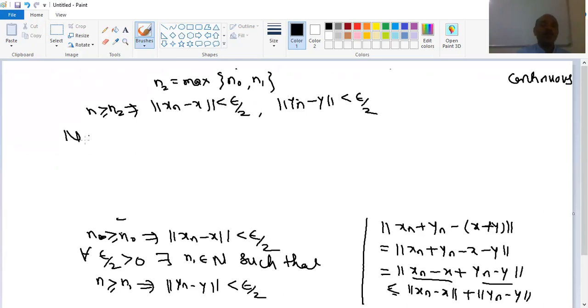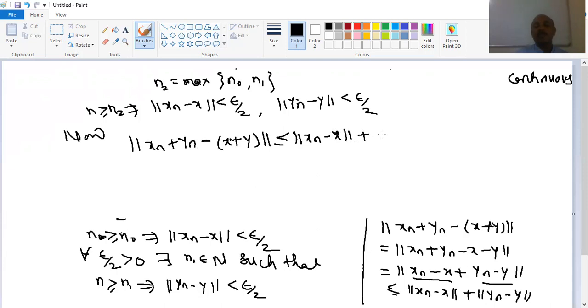Now we have this one. This is the value of norm of xn plus yn minus (x plus y). This is less than or equal to norm xn minus x plus norm yn minus y.